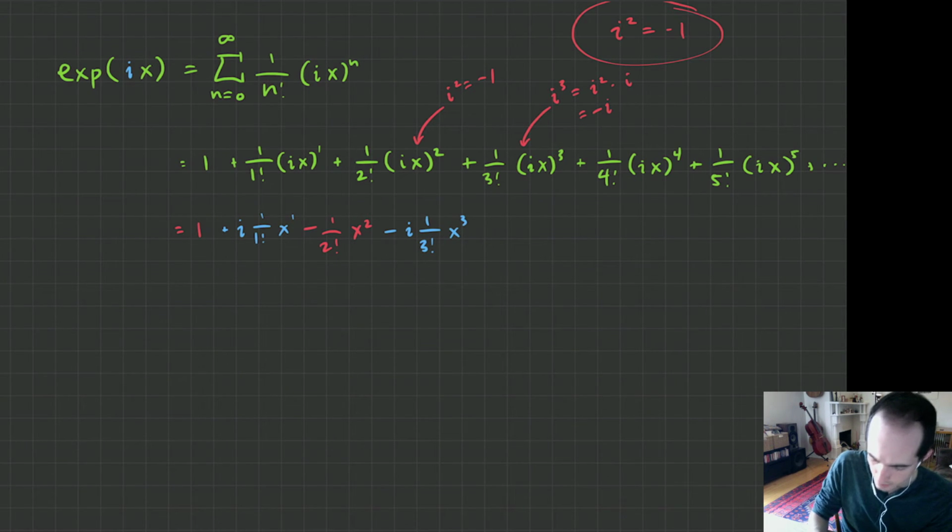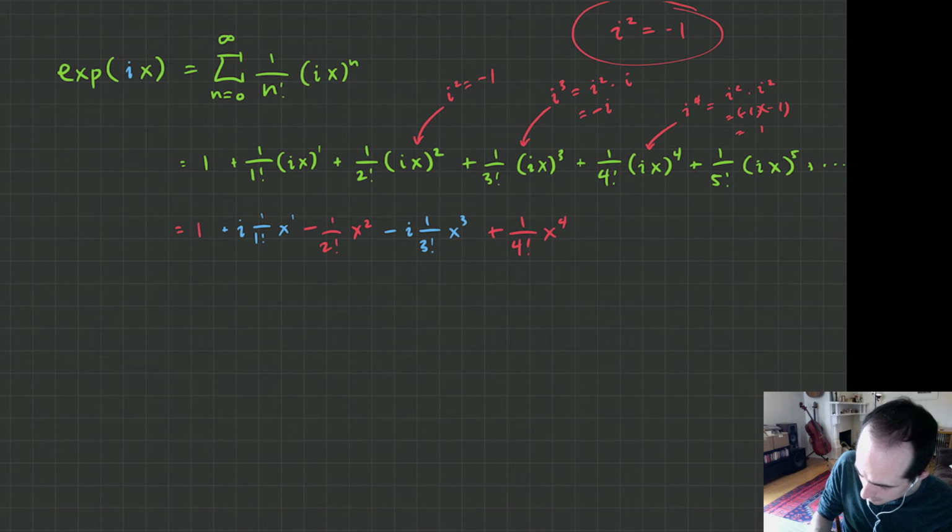Now in red, i to the 4 is equal to i squared times i squared, which is negative 1 times negative 1, and that's equal to positive 1. So now I'm back to positive. So I've got 1 over 4 factorial times x to the 4.